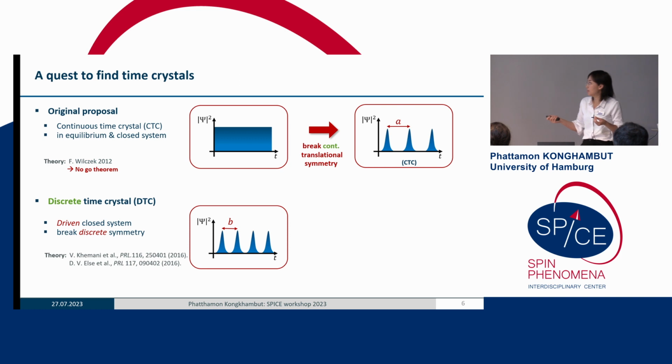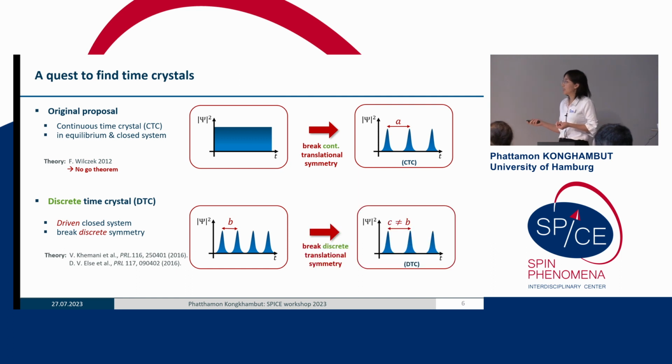So your system Hamiltonian already has a periodicity of b. Then if this discrete translation symmetry is broken, you end up with another period that your system responds to. This can be realized, for example, as a subharmonic response: you drive it with frequency f, but your system responds with f over 2.